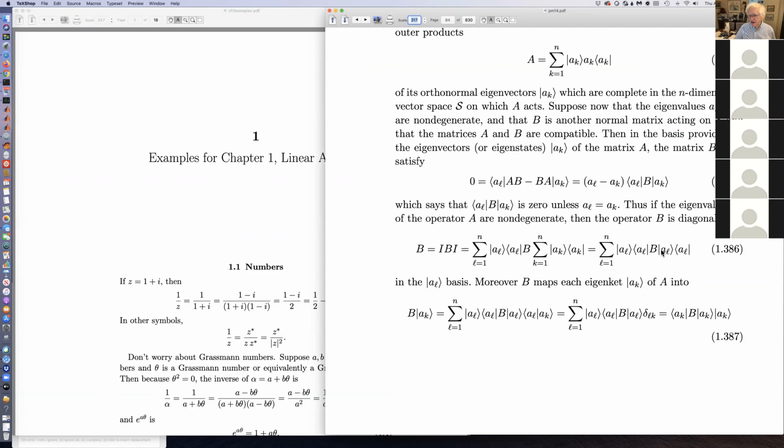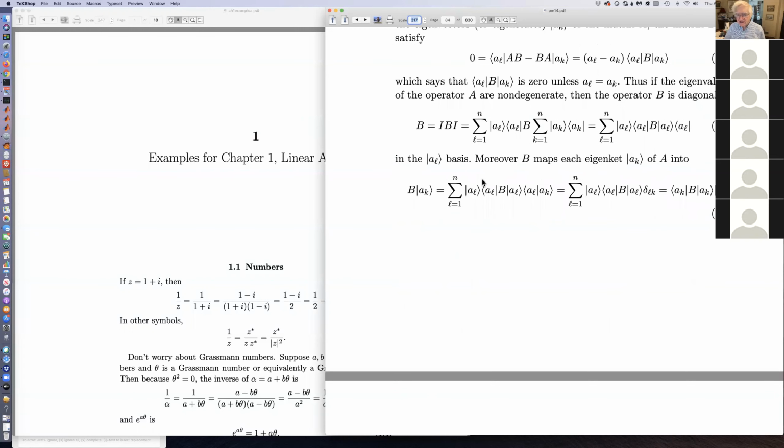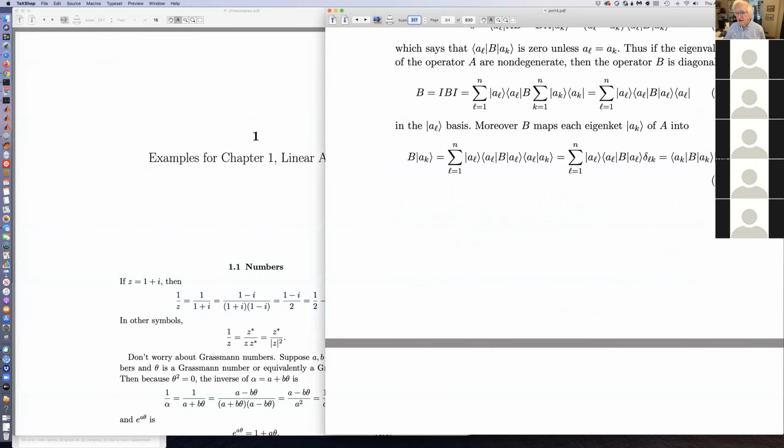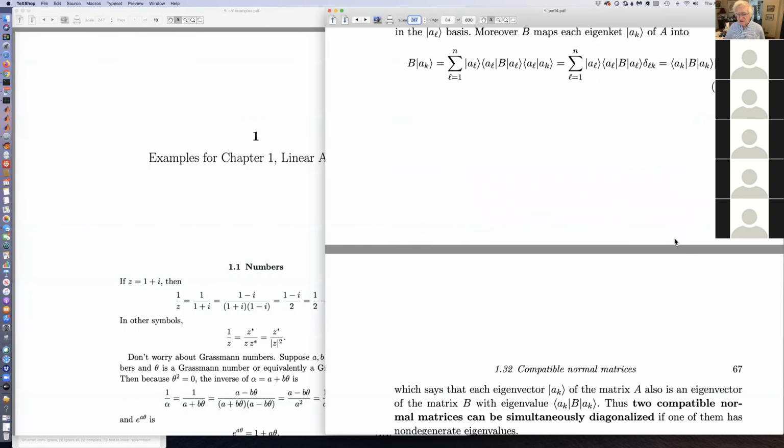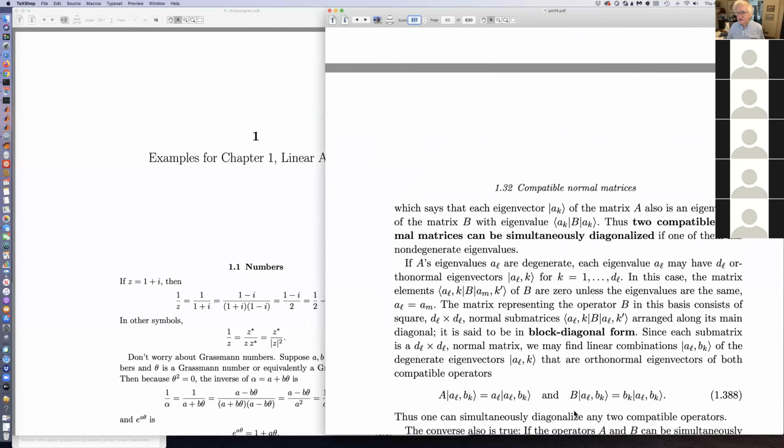And B maps any eigenket of A into the same eigenket. And consequently, each eigenvector of A is an eigenvector of B with that eigenvalue. And so two compatible normal matrices can be simultaneously diagonalized if one of them has non-degenerate eigenvalues. So this is used all the time in physics.